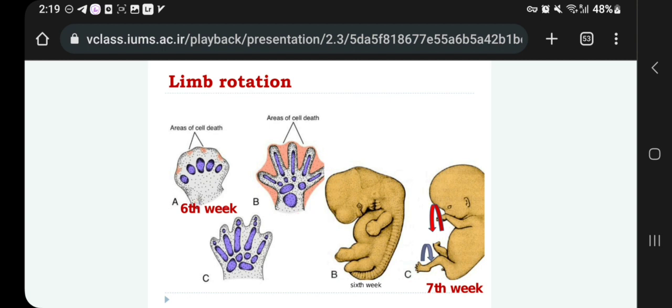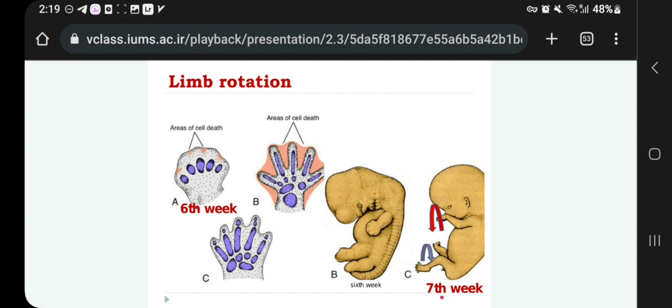And in the 6th week, we have a foot and hand plate, and after that we have cell death between the fingers, and every part means the apical ectodermal ridge divided into the 5 fingers, and the outgrowth of the apical ectodermal ridge makes the fingers. But what happened in the 7th week?